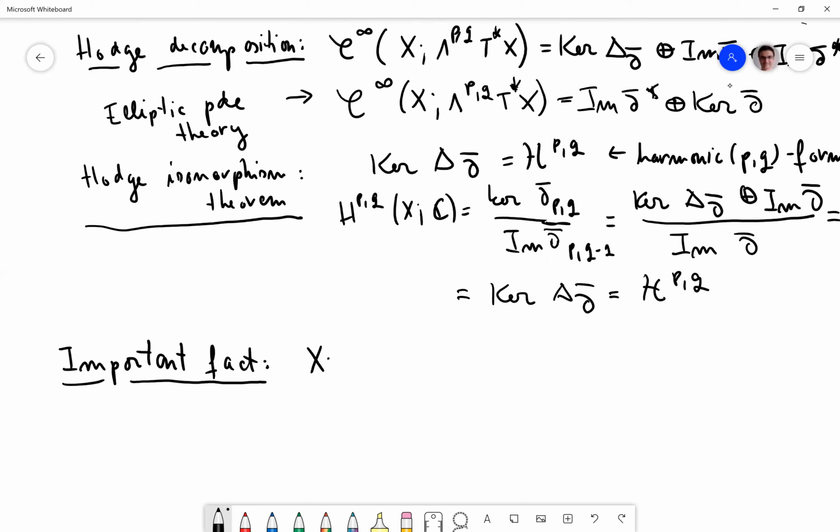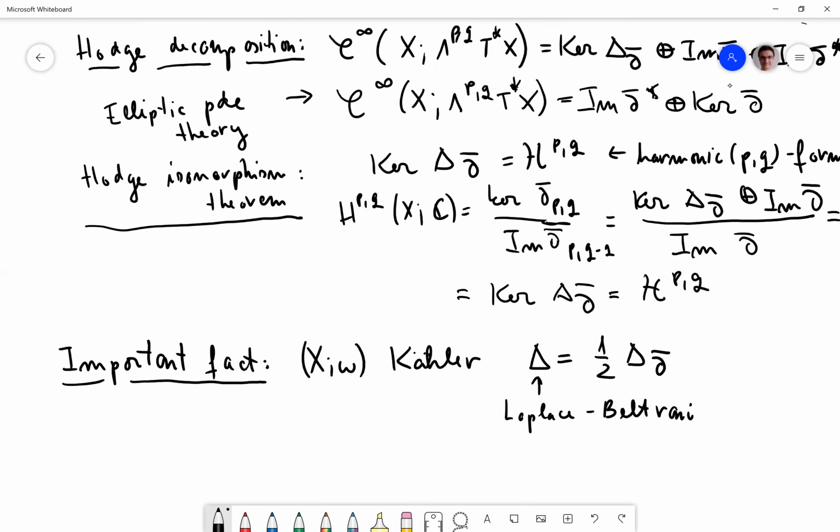The fact that (X, ω) is Kahler implies that the Laplace-Beltrami is equal to 1/2 the Hodge Laplacian.